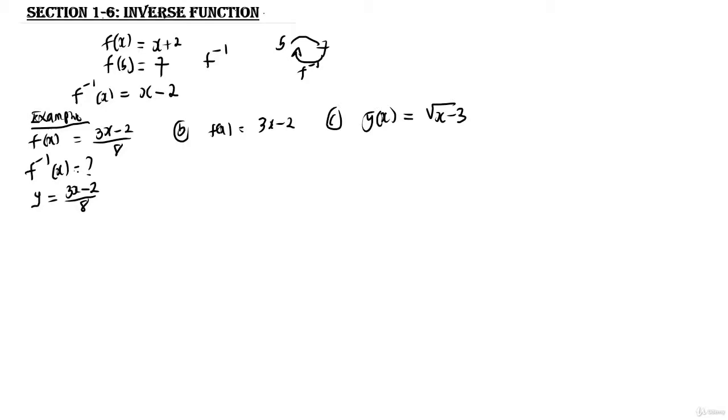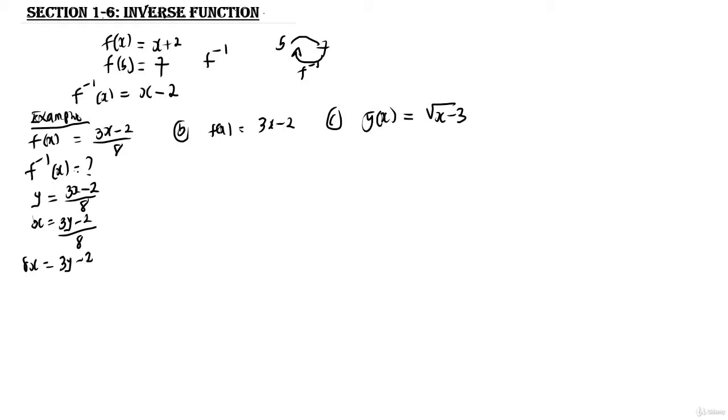So now we are going to say s is equal to 3y minus 2 over 8. Now we are going to solve for the value of y. How do we do that? We first multiply both sides by 8 so that we get rid of this 8. So this is going to be 8s is equal to 3y minus 2, right?